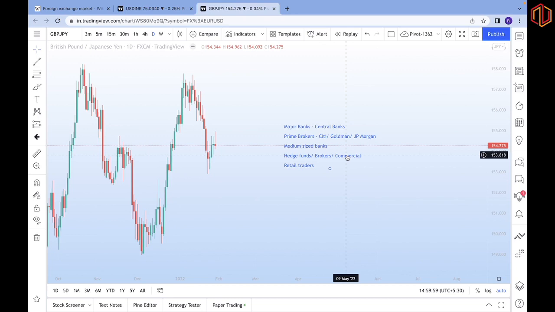Now this network is not regulated by a single institution like the National Stock Exchange, or any other stock exchange like the New York Stock Exchange. It is an over the counter market, also known as the OTC market. So the OTC market is just a network.